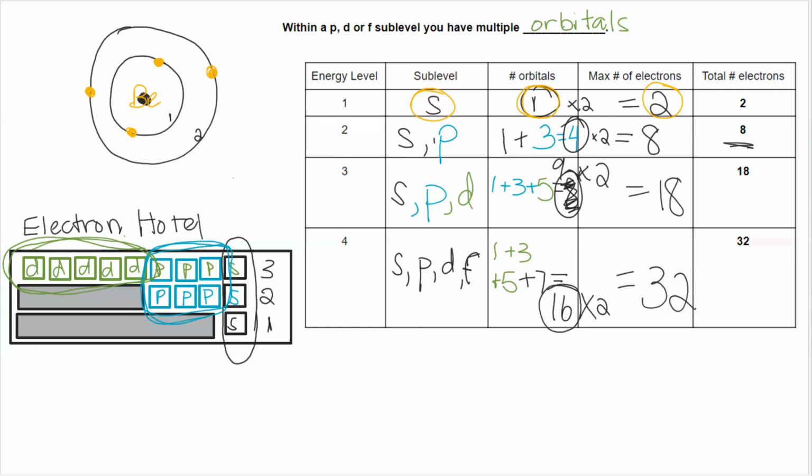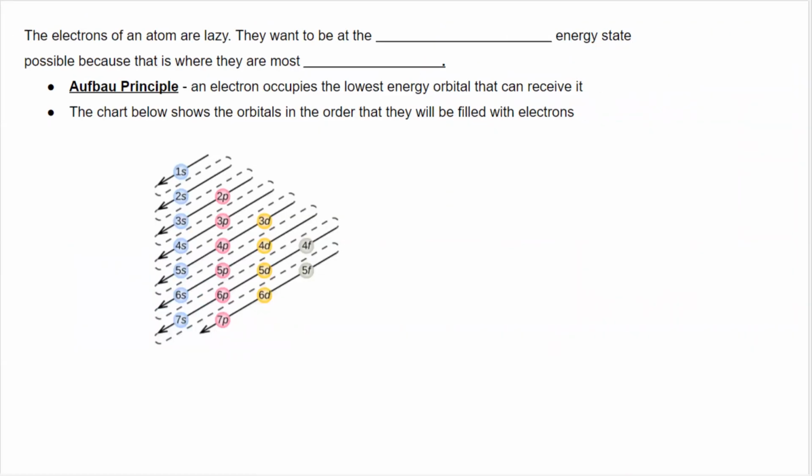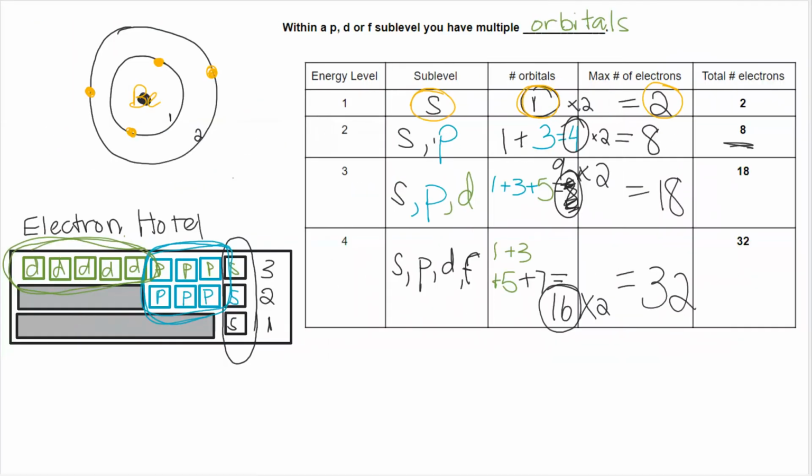All right, I'm going to move on to the next slide. So we said before, and I'm going to say it again, electrons in an atom are lazy. They don't want to do more work than they possibly have to. And so in our electron hotel, if a low energy orbital is available down in energy level number 1, they're not going to climb all the way up to a higher energy level.